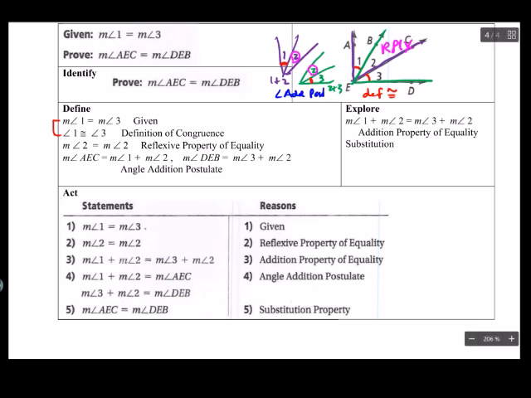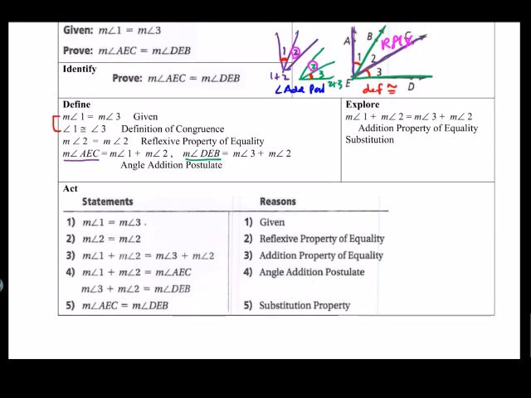And then here is purple angle is made of 1 plus 2. Here is green angle made of 3 plus 2. That's by our angle addition postulate. So what am I going to be able to do? I'm going to be able to set them equal to each other and then just use substitution. So let's see how this is done.